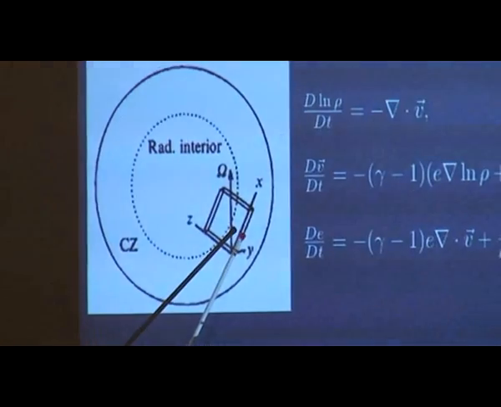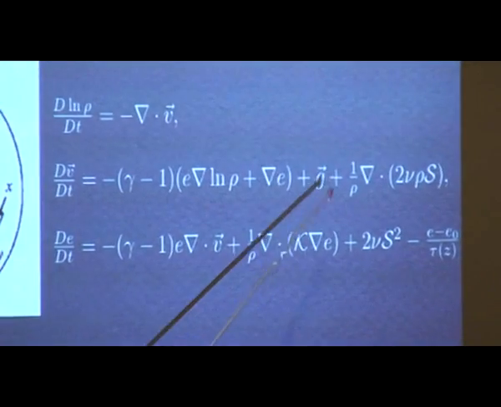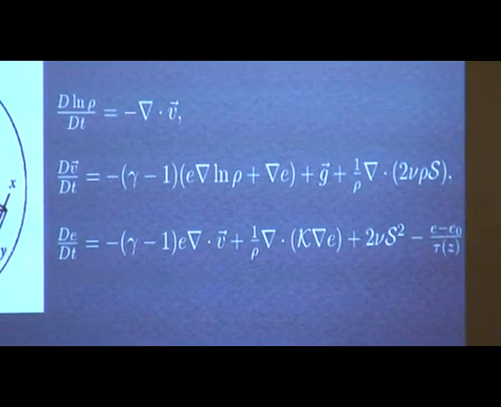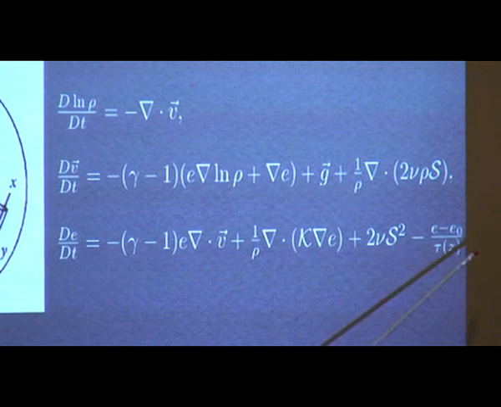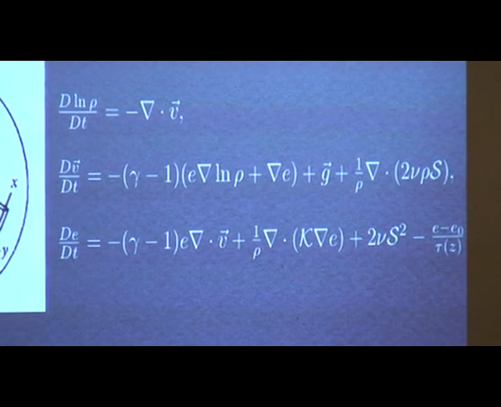So the equations are there. So constant gravity field. In this code we worked with the internal energy, and at the top of the domain we imposed a cooling term to force the convection. So the gas was monatomic.